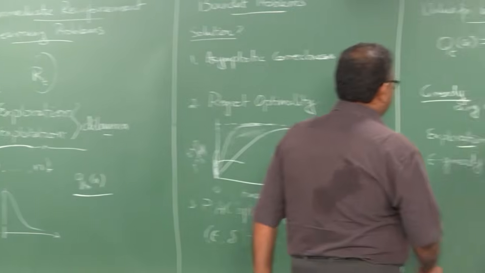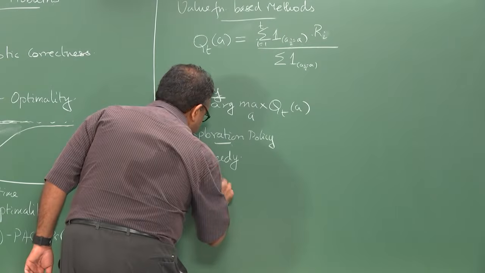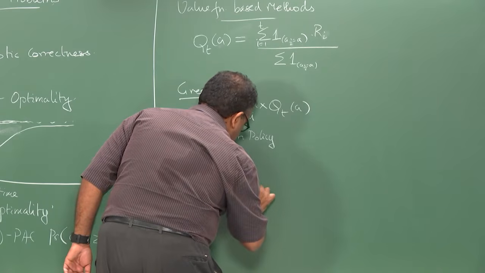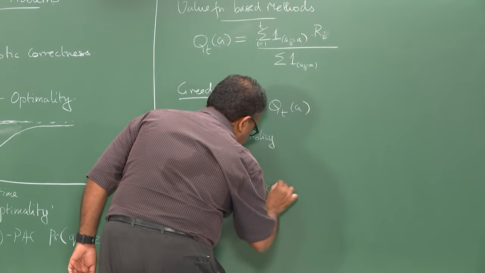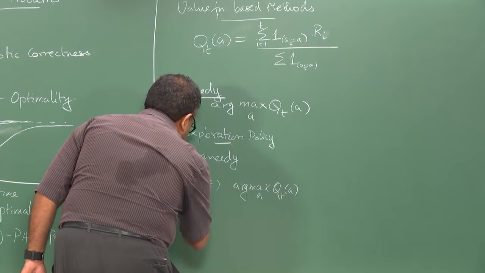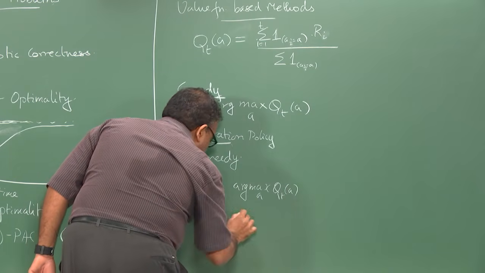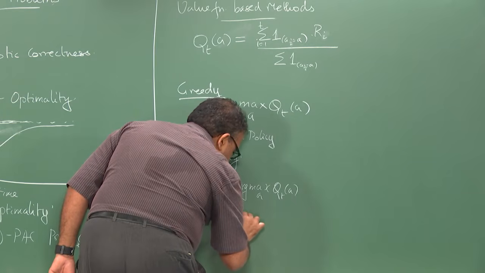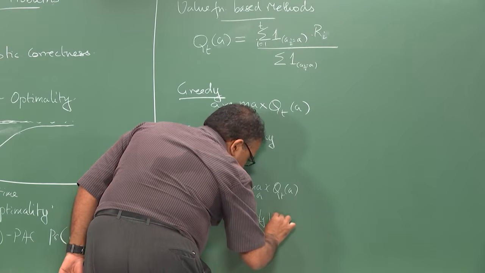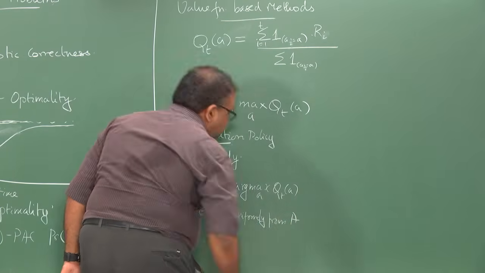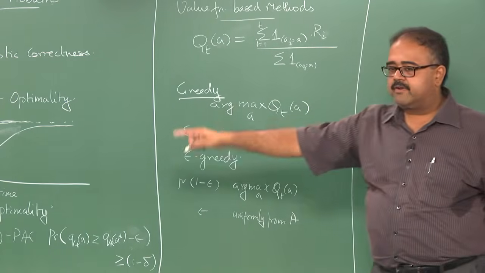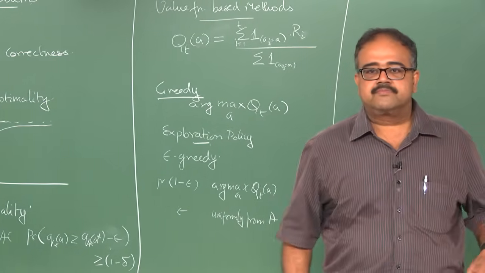So epsilon greedy means with probability 1 minus epsilon, I will choose the greedy action. With probability epsilon, I will choose uniformly from the set of actions A.